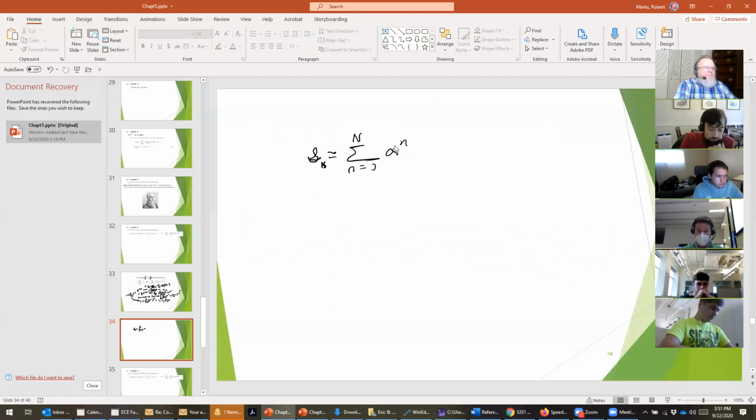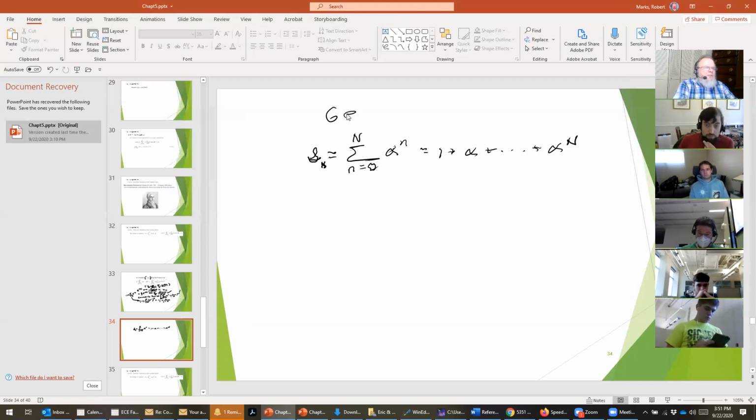So this is equal to 1 plus alpha plus dot, dot, dot, plus alpha to the n.